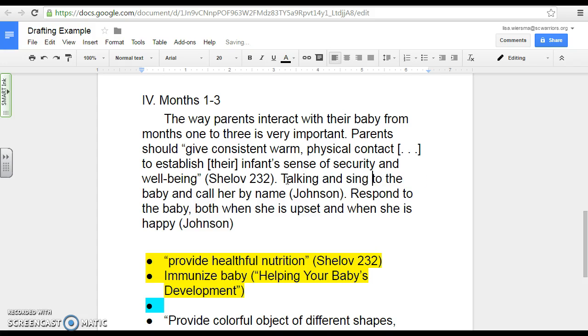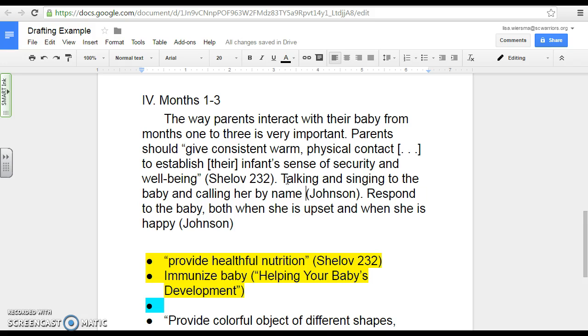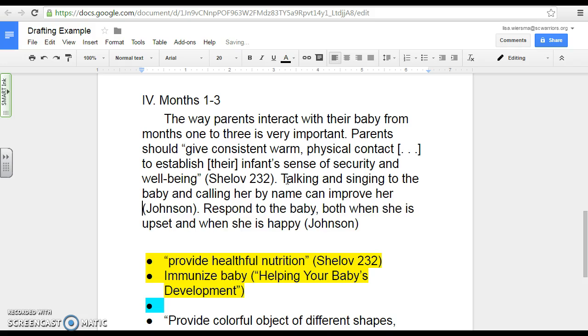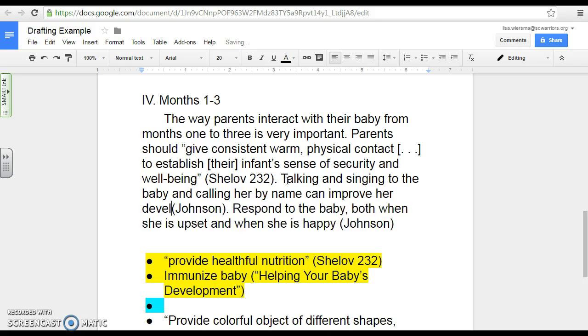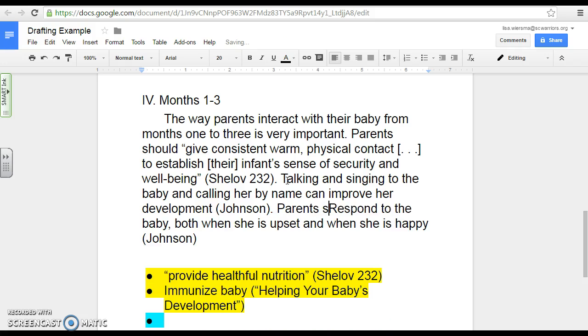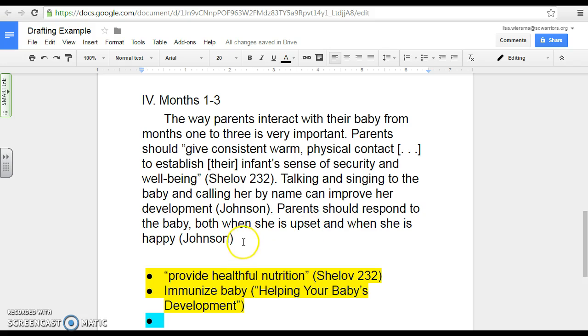Talking and singing to the baby and calling her by name and improve her development. The parent should respond to the baby both when she is upset and when she is happy.